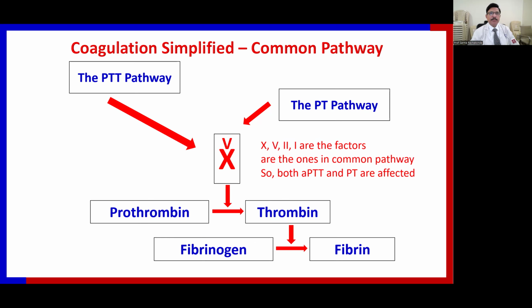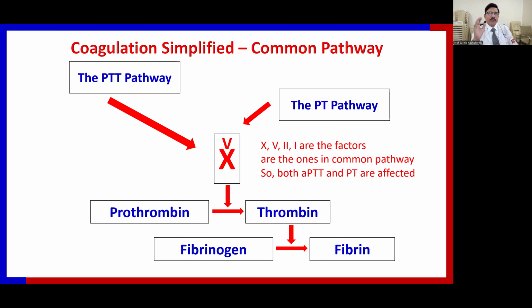What is tested in the PT pathway? Prothrombin time test, what are you testing? Factor 7, factor 10, factor 5, factor 2, and also factor 1. Because prothrombin time is dependent upon the extrinsic as well as the common, isn't it? Both are there, both are required.